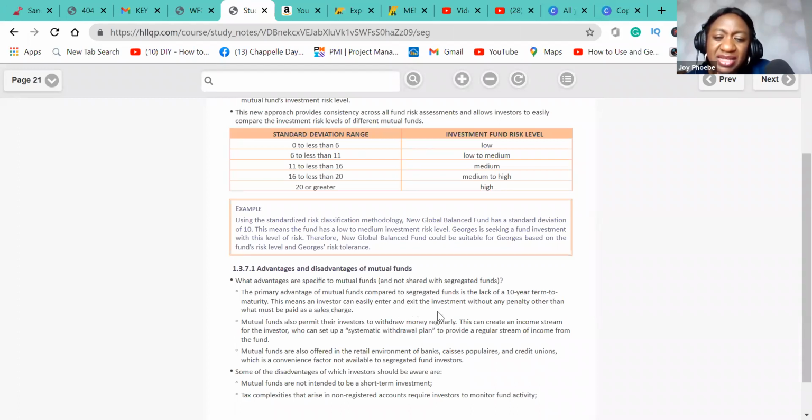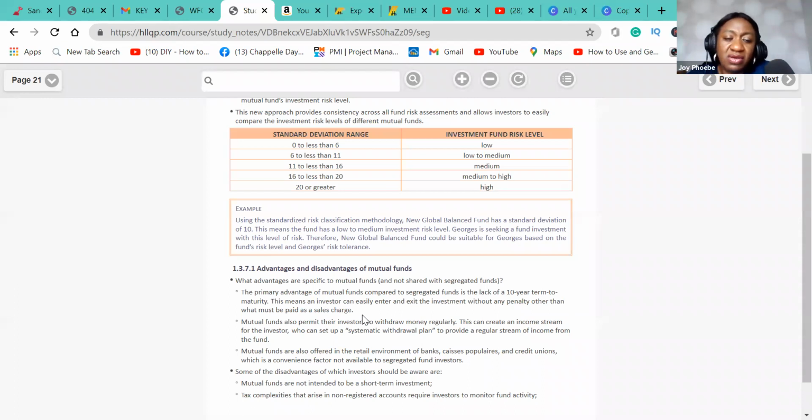This means an investor can easily enter and exit an investment without any penalty other than what must be paid as a sales charge. There is no maturity period. You can enter, and if you see that this is not what you wanted, you bail out. You can't do that with seg funds.